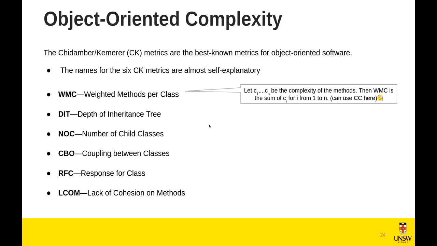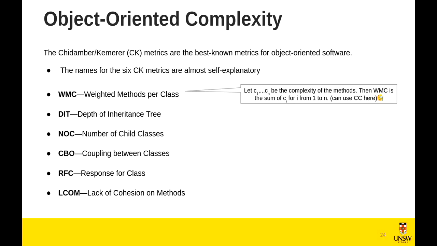It is just the sum of the complexities of each method of the class, so it's pretty straightforward. Next is DIT, depth of inheritance tree. For object-oriented programs, we have inheritance between different classes, and this is just to calculate the depth of this inheritance tree. The recommended DIT should be smaller than or equal to 3.